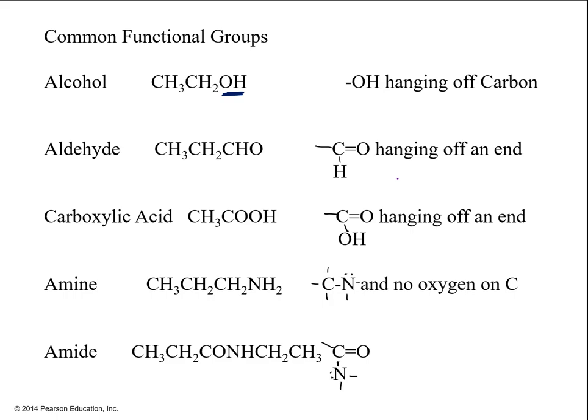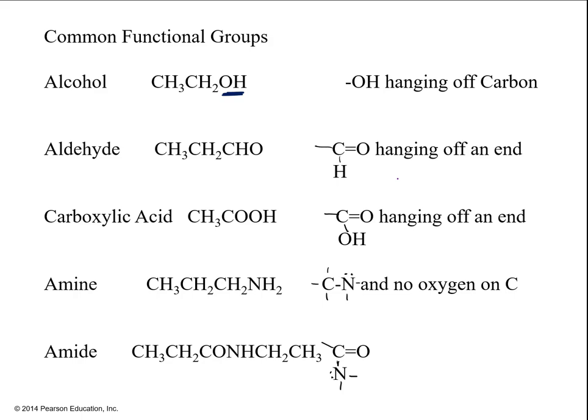So that's the challenge in trying to pick them out. So alcohols and aldehydes, if there's nothing else on the carbon, then those are them distinctly. But a carboxylic acid is when you have a carbon on the end of the chain or the end of a molecule. It's got a double bond oxygen and an OH. So those 2 oxygens on there, that's going to be the carboxylic acid.